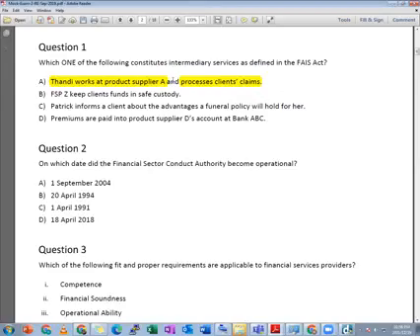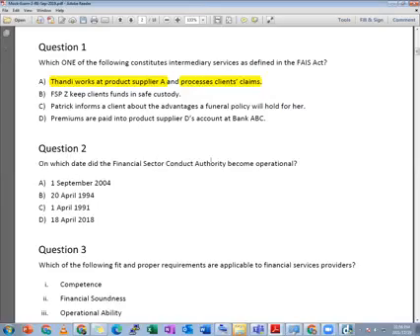When you do your mock exam practice and you find this kind of question and you are unable to think about the difference between advice, intermediary services and execution of sales, you must master those, otherwise that's when you'll get confused.